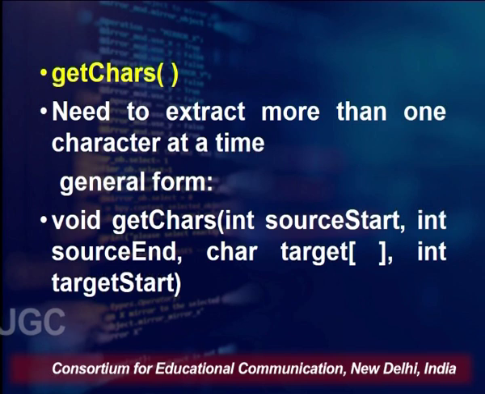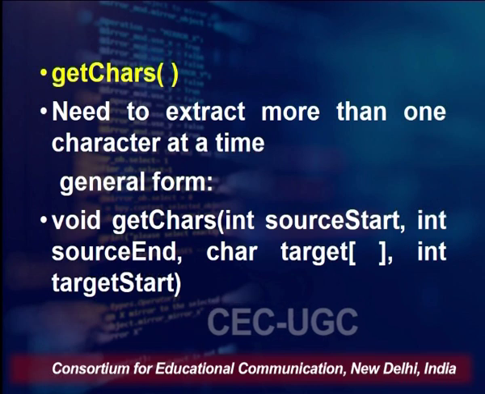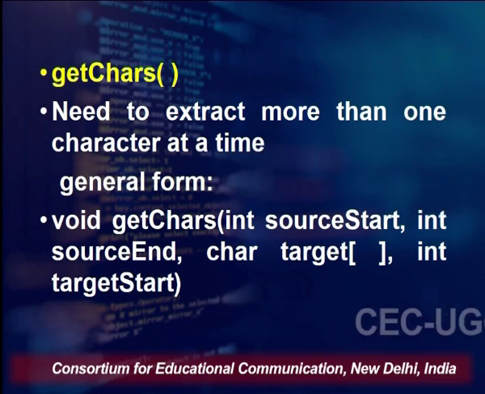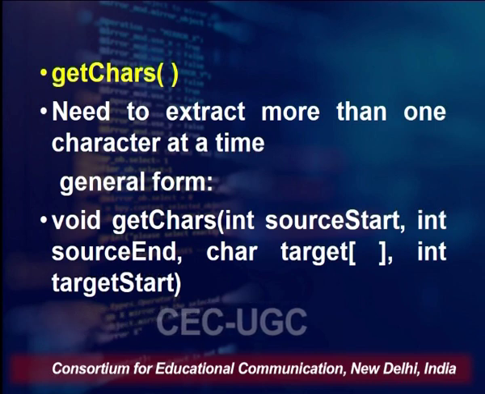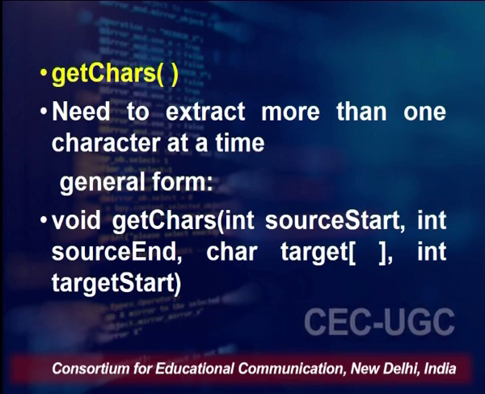Now, with char at, we have extracted only one particular character. If there is a need to extract more than one character at a time, we have one more method, which is getChars.